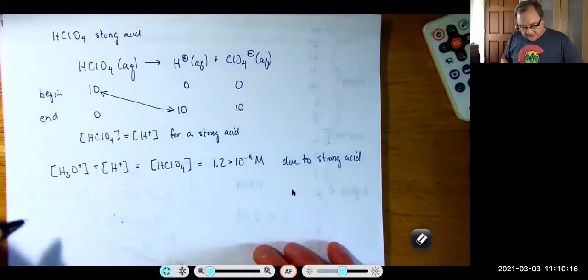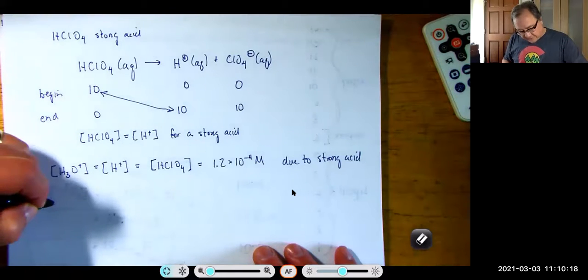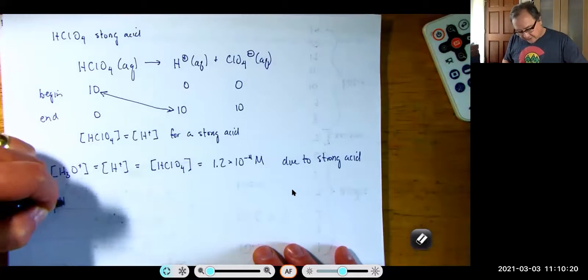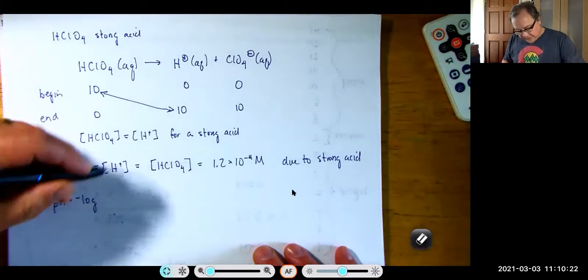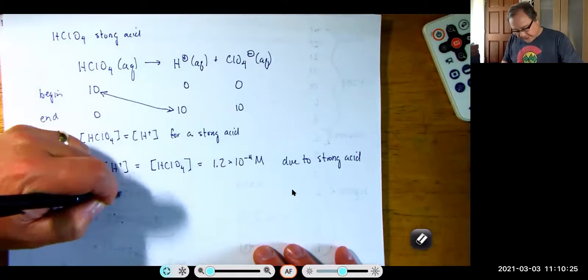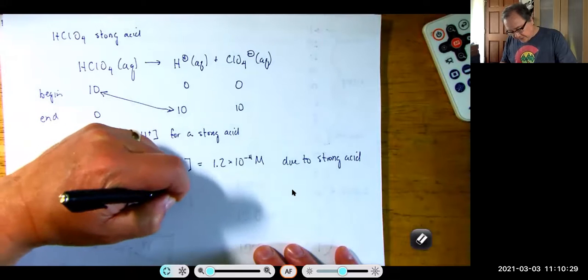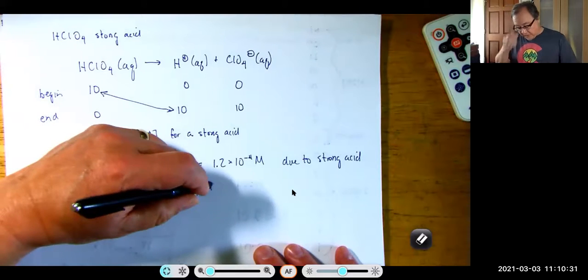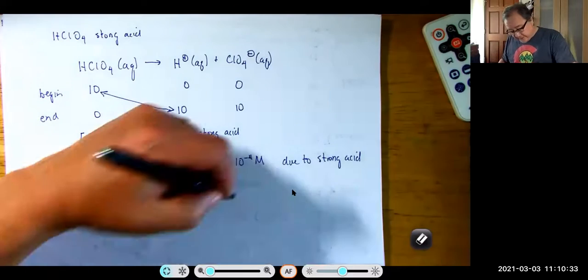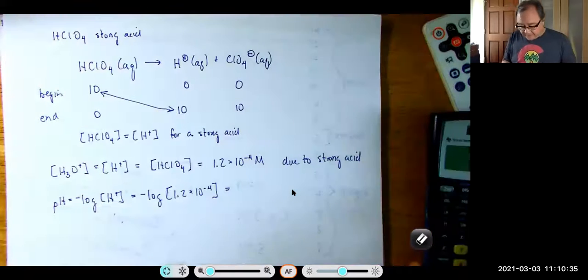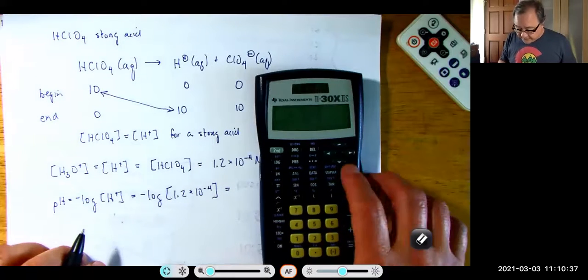So what is the pH? The pH is negative log of H plus, which in this case would be negative log of 1.2 times 10 to the minus 4 molar, but we're not going to put the molar in there. And then here's what we get. For this calculator, let's see how we do this.